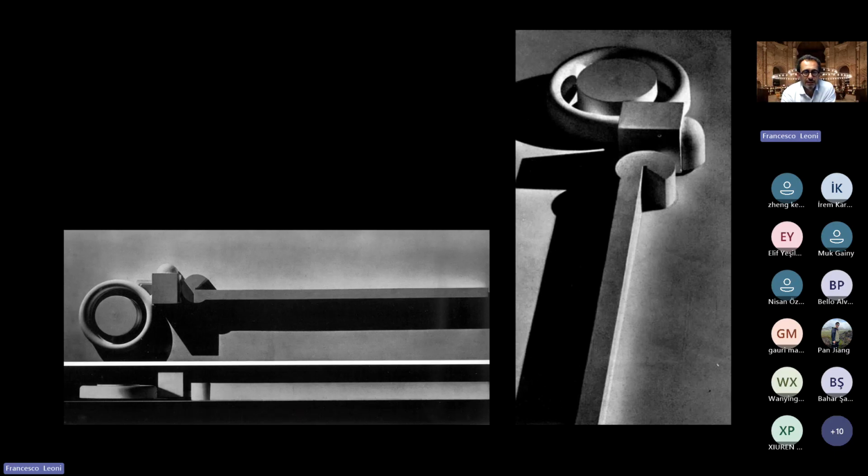For example, this is a very abstract and amazing model that has been done 60 years ago by Luigi Moretti. It signifies the relationship between three elements of Villa Adriana.